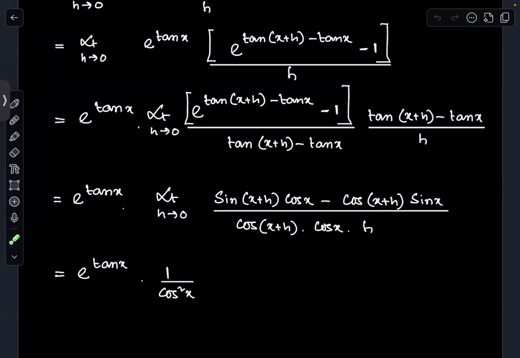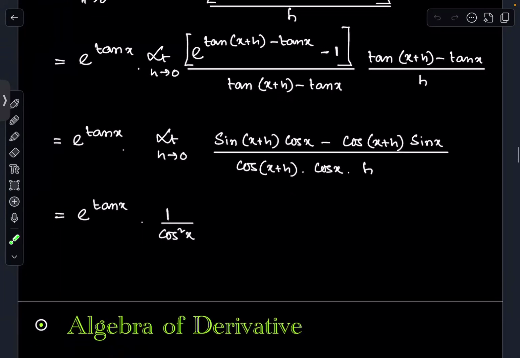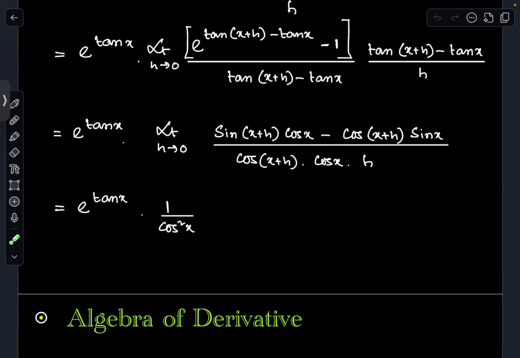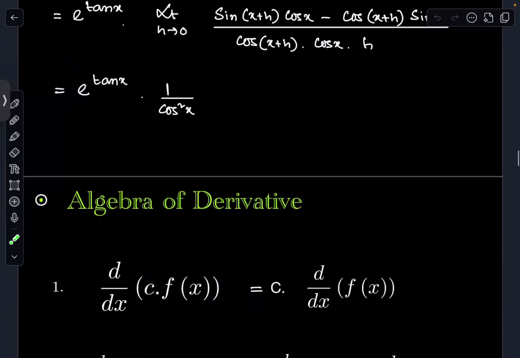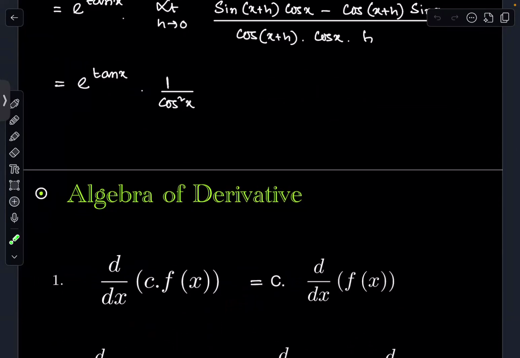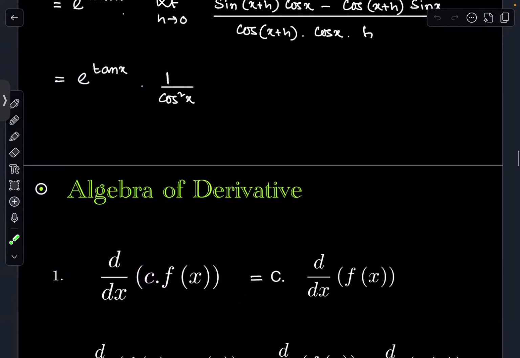Now, ahead of these examples of first principle based application, let's just have a look over the algebra of derivative. Sir, can you scroll it up again? I'll show that later.